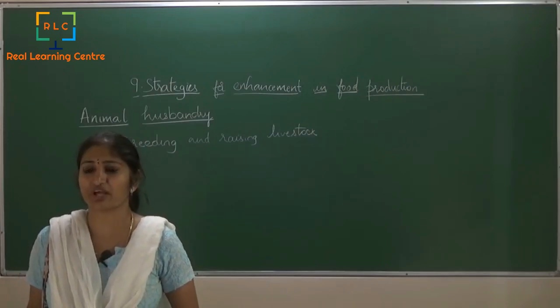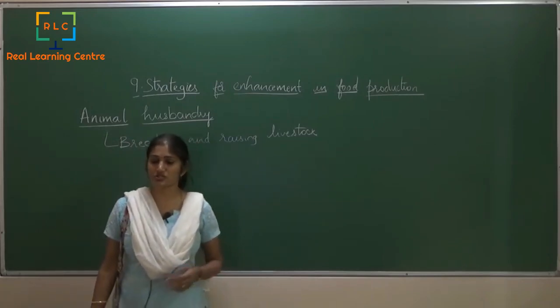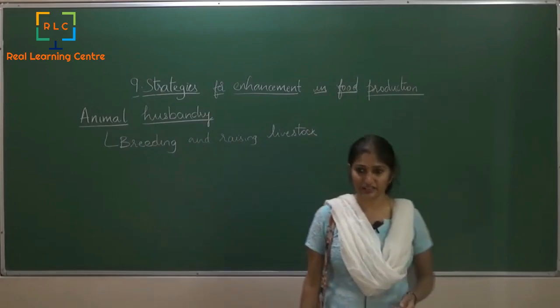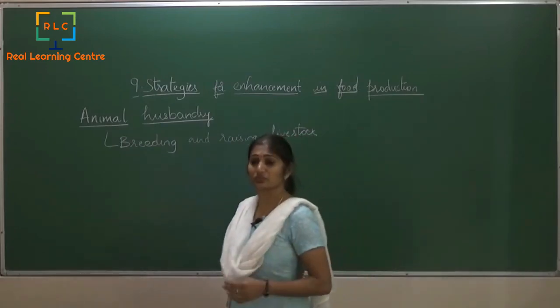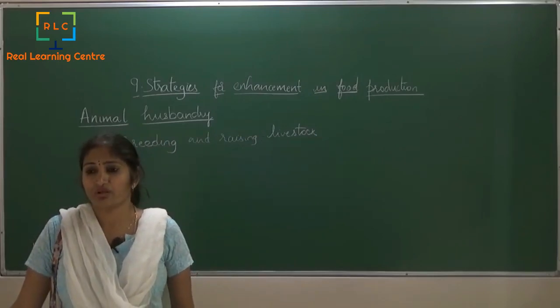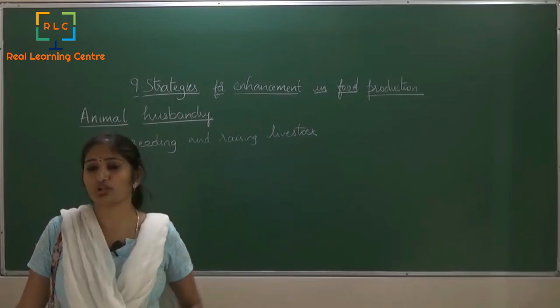We have various animals. Maybe you would have seen buffaloes, cows, pigs, horses, various cattle, sheep, camels, goats. All these are very useful for man, and therefore livestock includes all this.